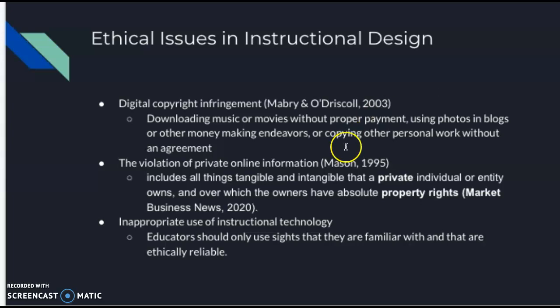And like previously mentioned, copying other personal work without an agreement. There should always be an agreement with whatever you are using for your personal gain, whether that is to make money or to use in a classroom.